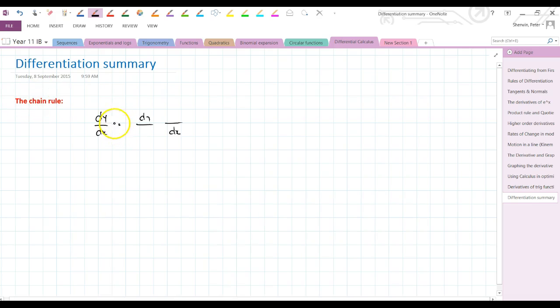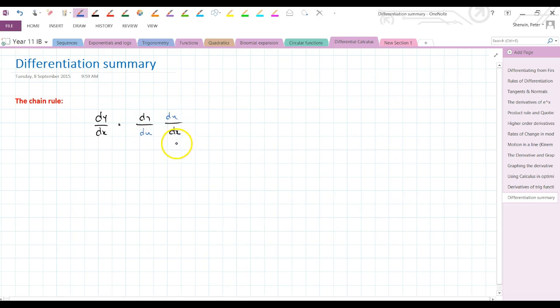Now the chain rule says that I can find dy/dx, but I can go through a third party if you like. That third party can be a du, or it could be a dm, it doesn't really have to be a du. In effect, if you think about what I've just written there in blue, cancelling out, although it's not strictly how it works, those cancel each other out.